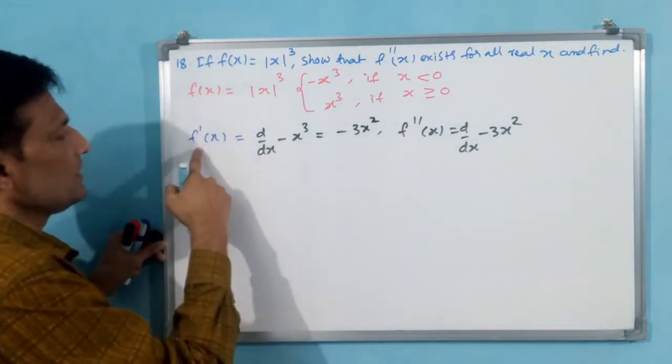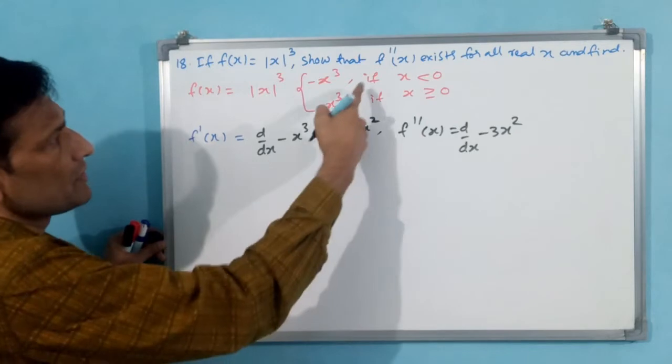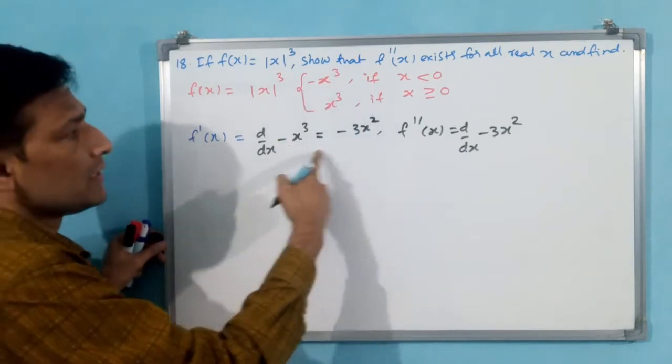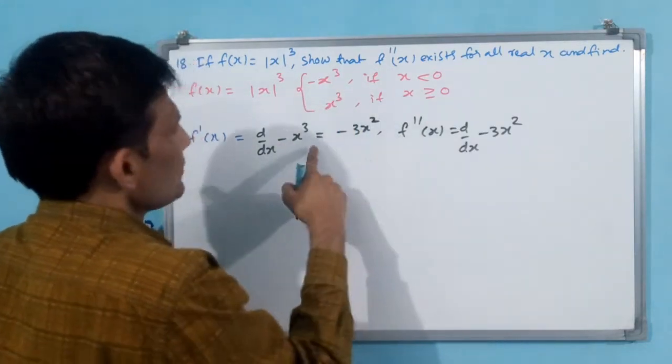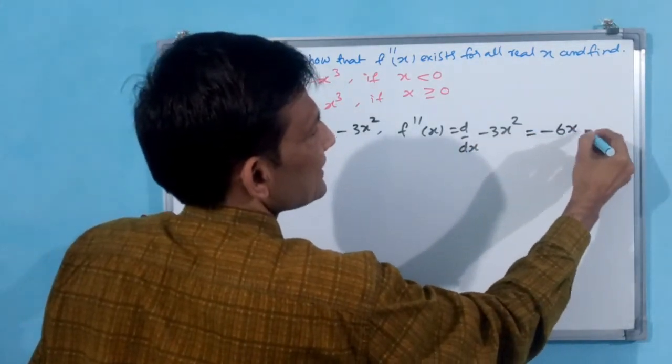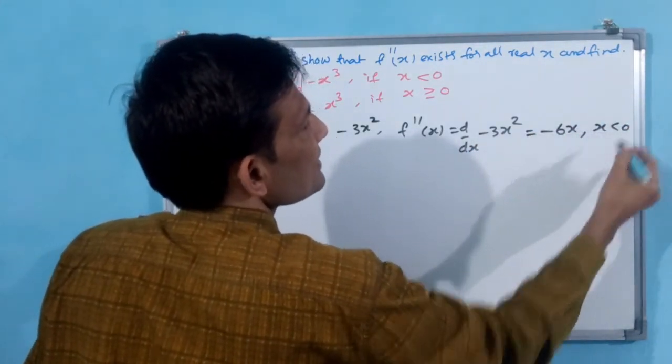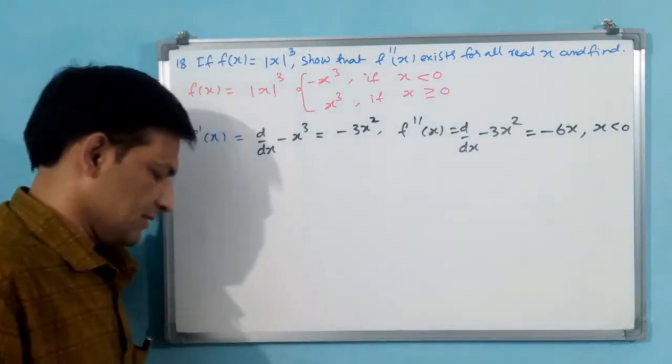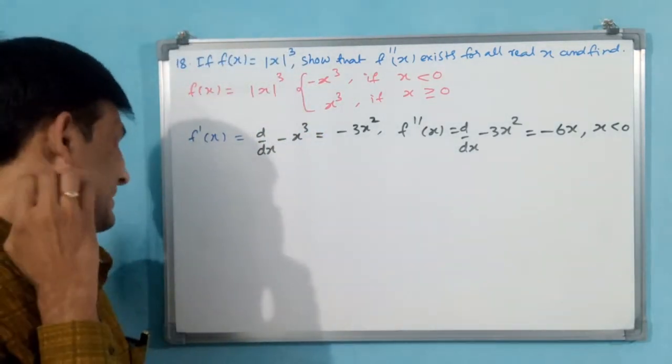Why double dash? f dash x means a single derivative. First, this function we are doing. Double dash means this result again you do d by dx, that is equal to minus 6x, where x is less than 0.